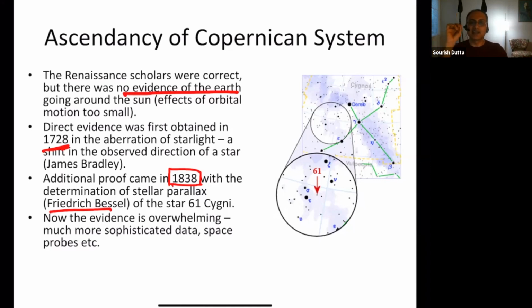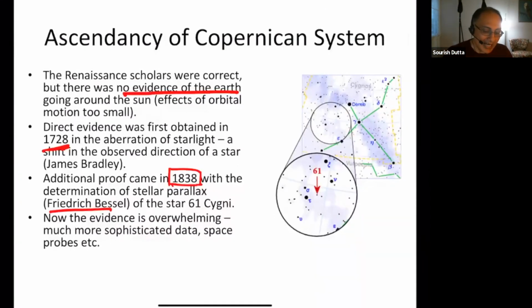So the stars do have parallax, but it's so small that it's very difficult to measure. That is the reason it had never been measured before. So it was only in 1838 that the first parallax of a star had ever been measured. Till then, there was really no evidence that the Earth is really going around the sun.